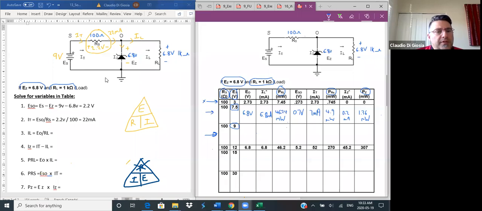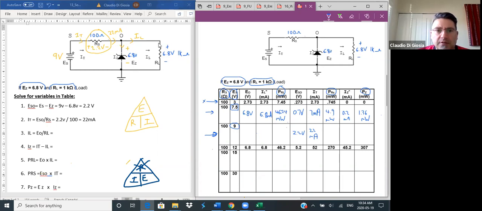Okay, so we're just going to plug in what we've solved for here. The ESO, 2.2 volts right here. That's the voltage across the resistor. IT was 22 milliamps, right here. Okay, what can we solve for next? Well, we have 2 variables here as well.